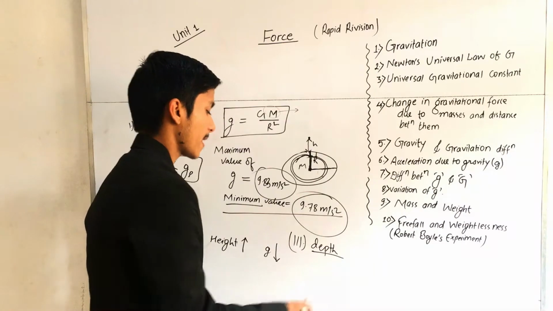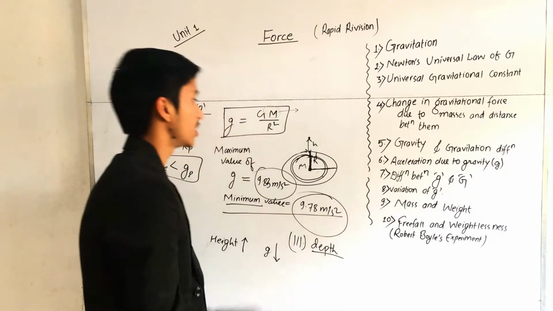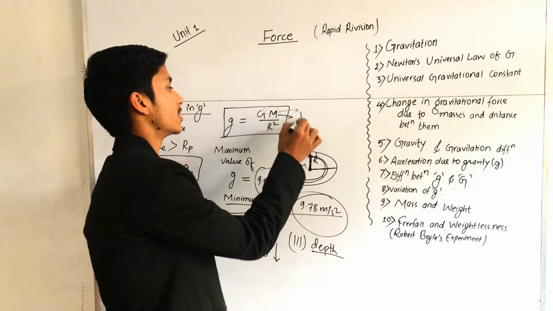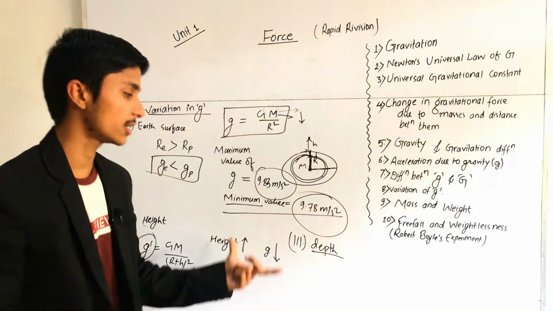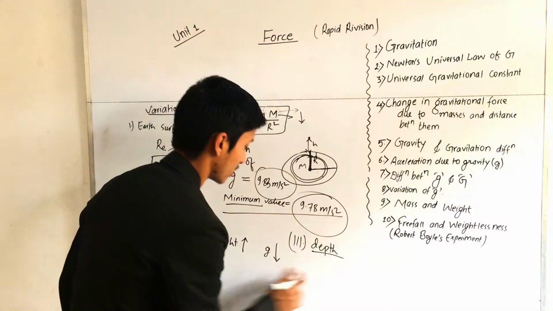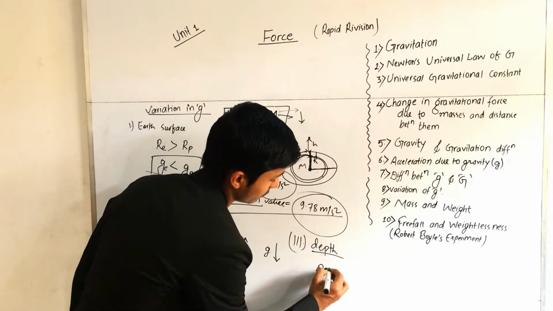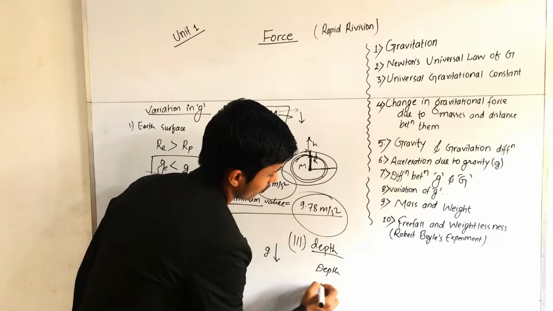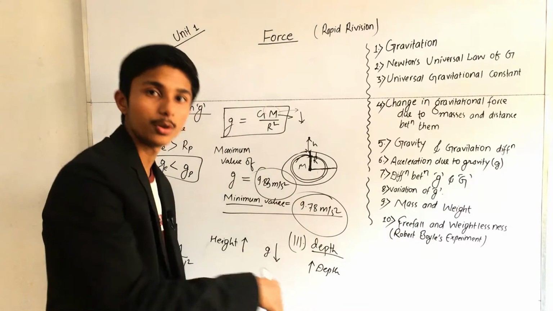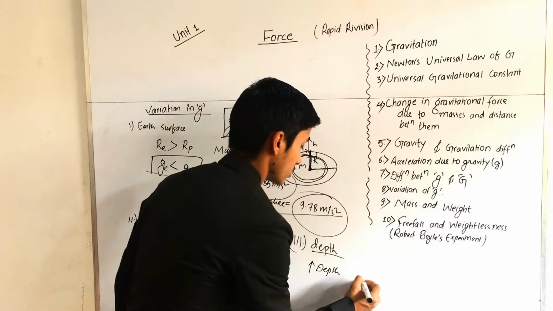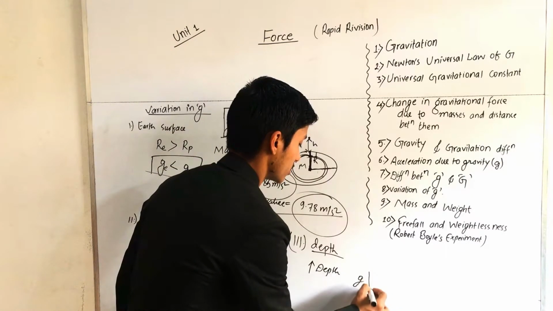It means acceleration due to gravity gets decreased when mass gets decreased. When mass gets decreased, acceleration due to gravity also gets decreased. So we can write here with depth, when depth increases, means when we go below the earth's surface, the acceleration due to gravity gets decreased.